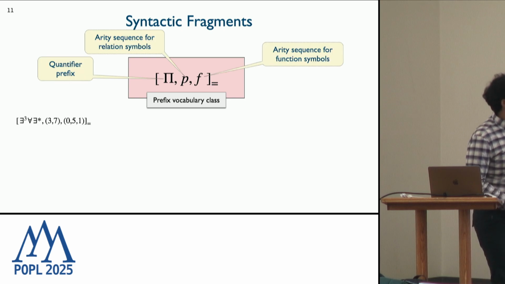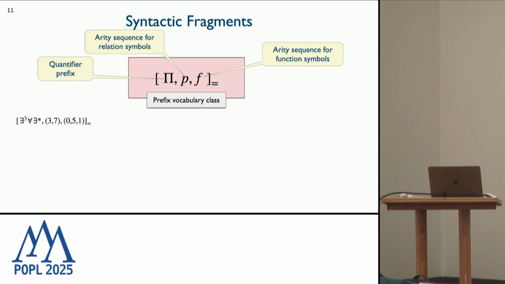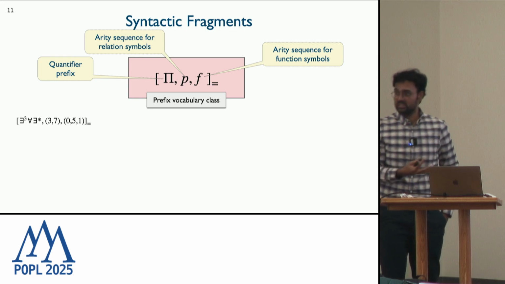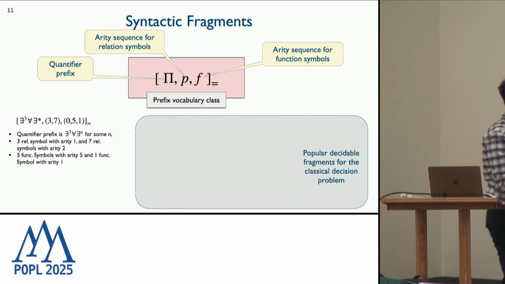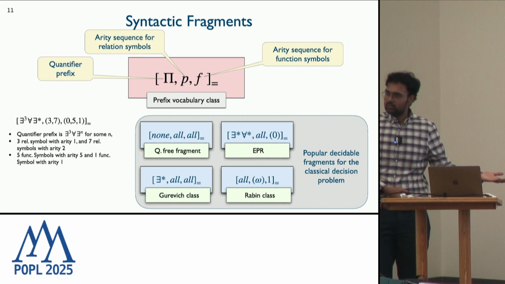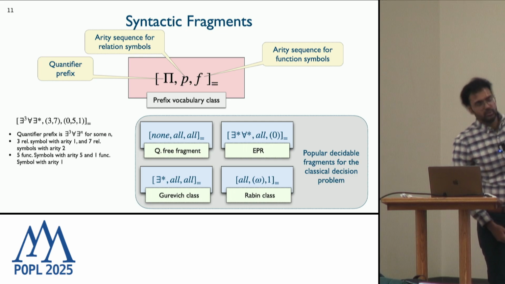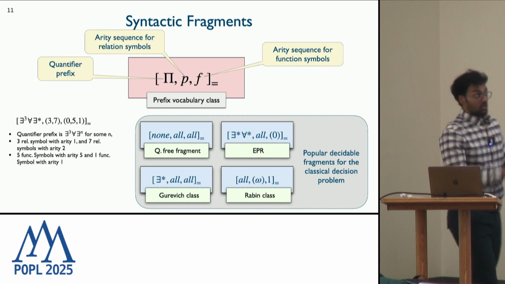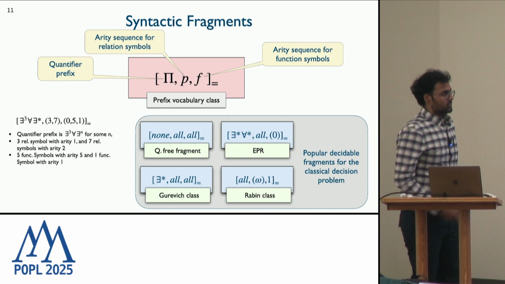For example, over here, this is the fragment of logic that contains all the formulas whose prenex normal form has quantifier prefix exists cube, for all, exists star, and it has 3 relation symbols of arity 1 and 7 relation symbols of arity 7, and likewise the next part tells you about the function symbols and their arities. Popular decidable classes for the usual decision problem are essentially encodable in this format. So the EPR fragment would be something like exists star, for all star. You're allowed all relations, but you're not allowed any function symbol.